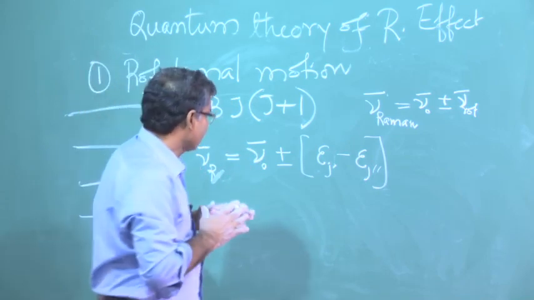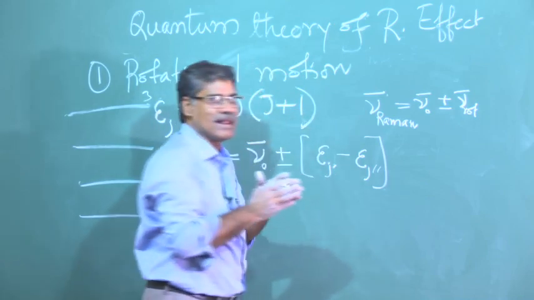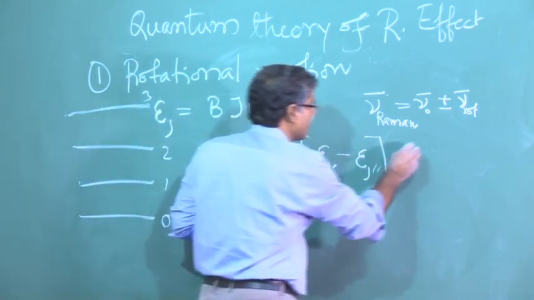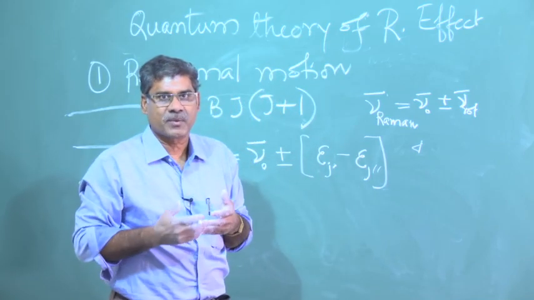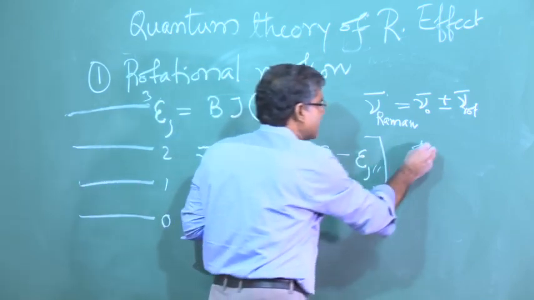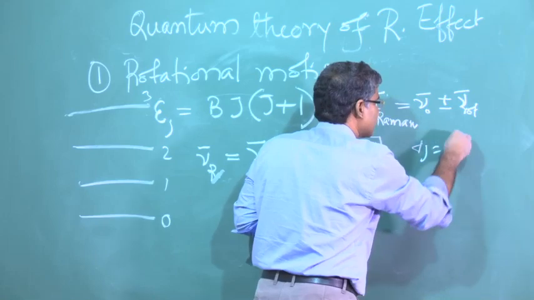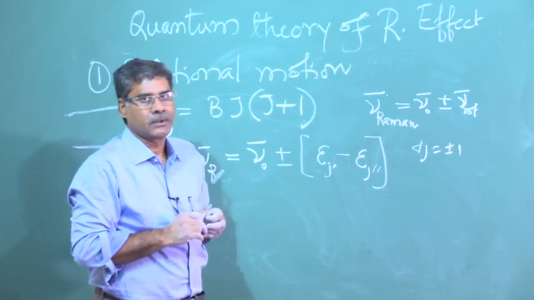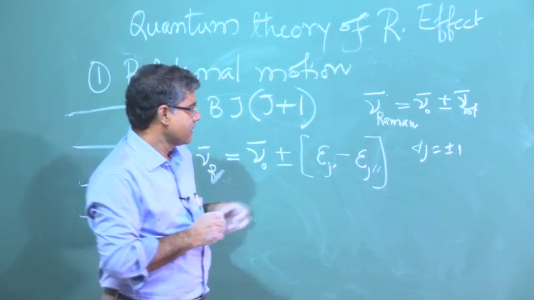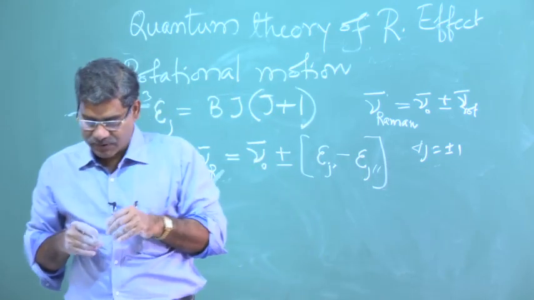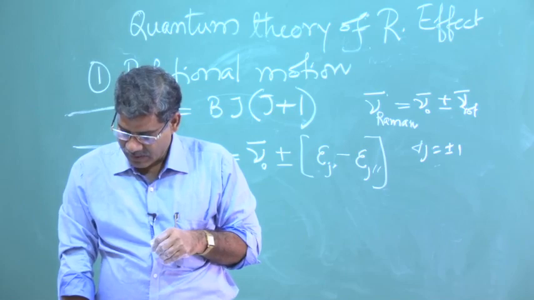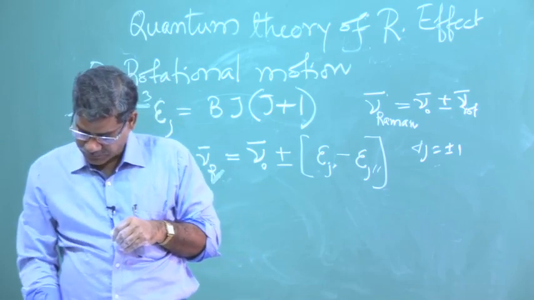Now, the selection rule for del J. In microwave spectroscopy, pure rotation, we have seen del J equal to plus minus 1. Depending on the J value, we name different branches of spectral lines.